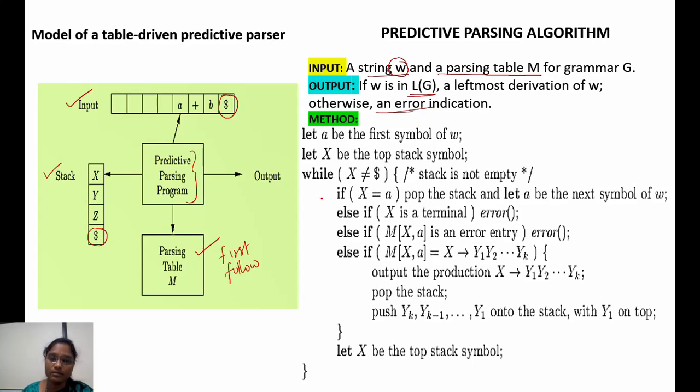How this parsing program works is that we have an input string in the input buffer. First we scan the input from left to right. At each step we read from the left, and let a be the first symbol of the given input string.